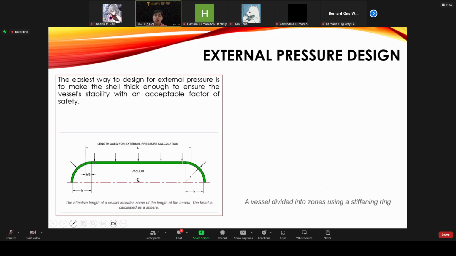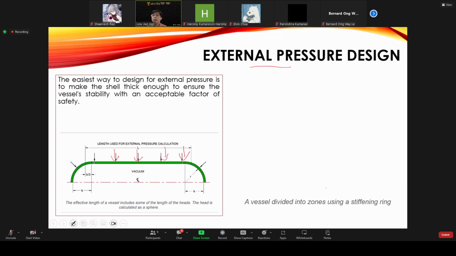So in order to make sure the pressure vessel can be safely operated and can withstand the external pressure, the most simple method is we try to increase the thickness of the pressure vessel to make sure the thickness is actually thick enough, strong enough in order to withstand the external pressure.